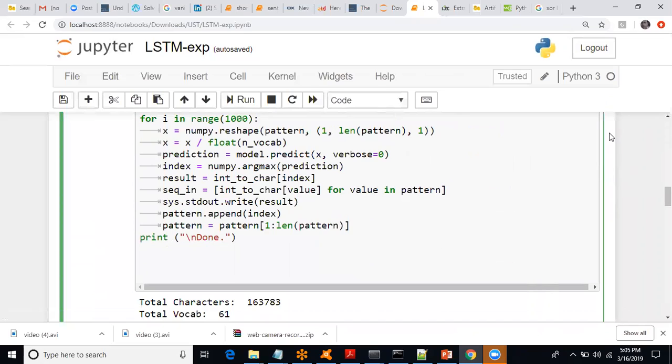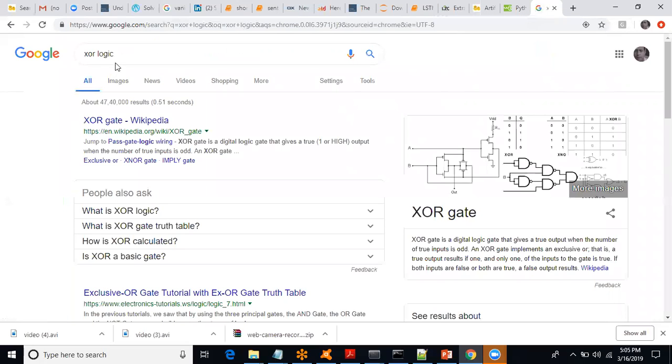LSTM will decide how much output should be taken. That has to be defined. Otherwise, it also requires memory. So how much information, how much memory the cell unit will have.